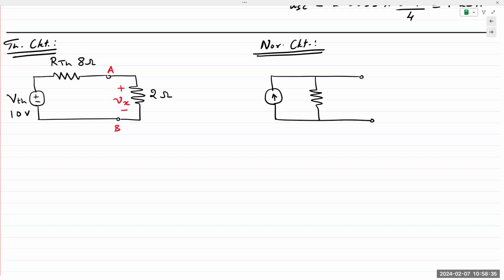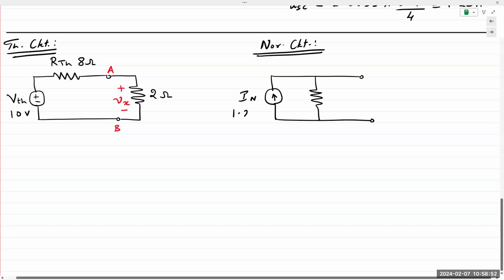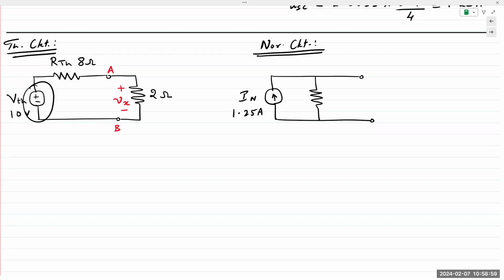The current direction will go up top because the component current is going down. Remember, ISC goes down. That's the original polarity that we took. So IN here is 1.25 amps going up, which corresponds to the plus and minus sign for Thevenin voltage.